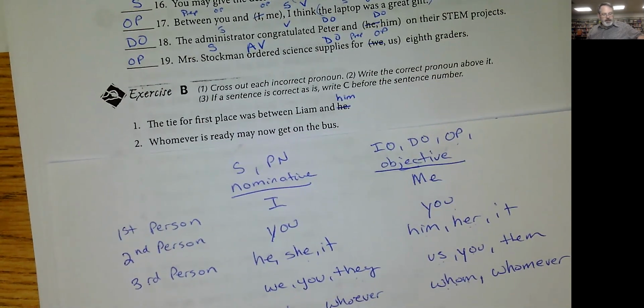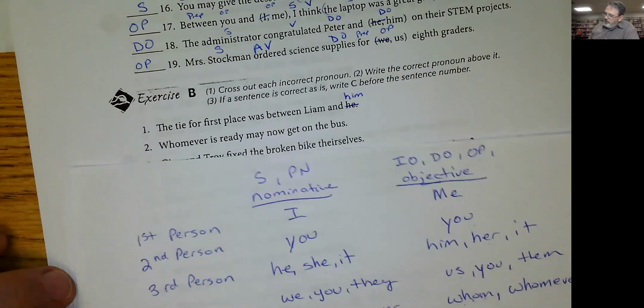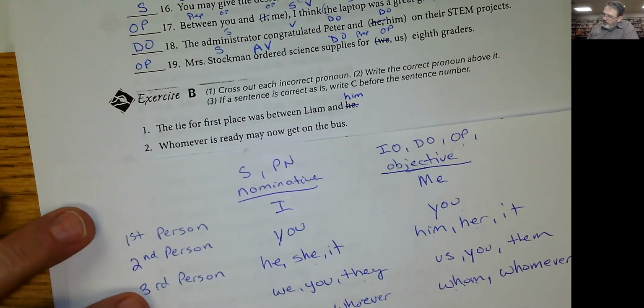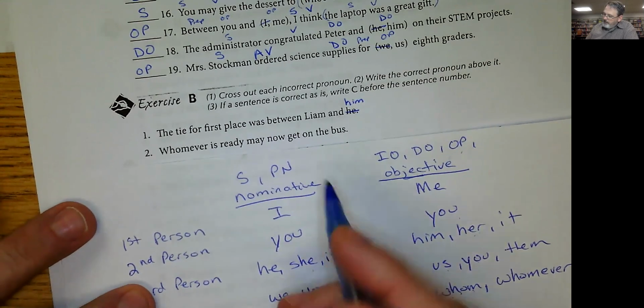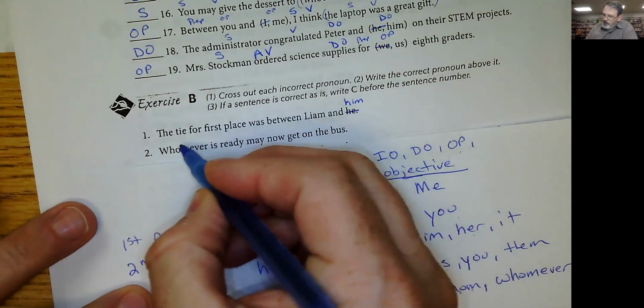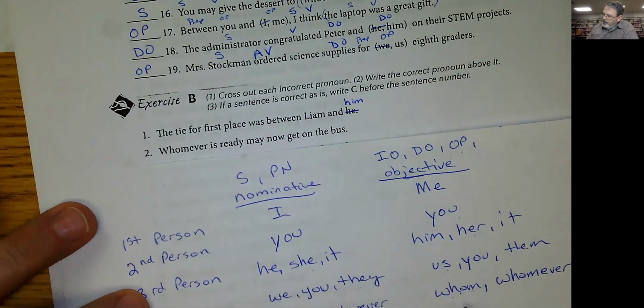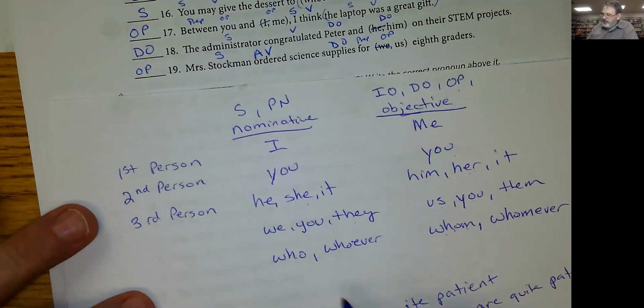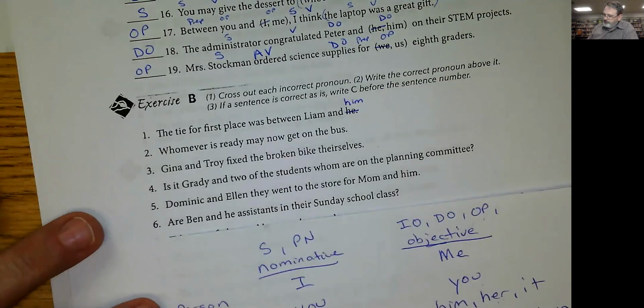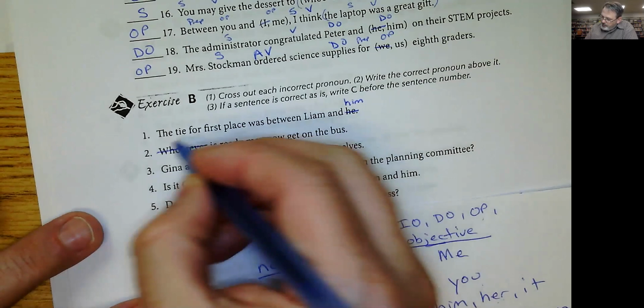All right, next. Whomever is ready may now get on the bus. All right. Well, whomever is the subject, and subjects have to be nominative case. So it really should have been whoever, so let's cross that out and put whoever.